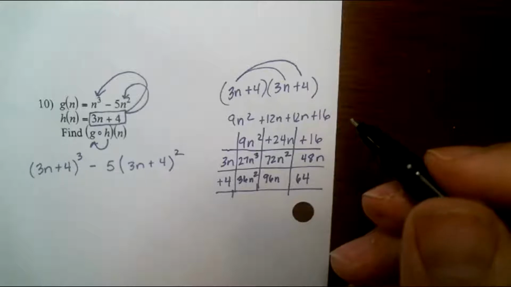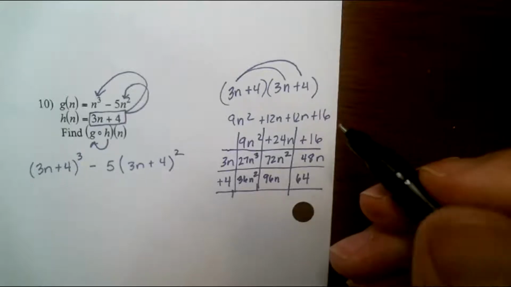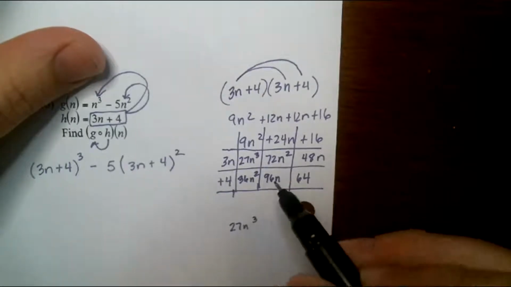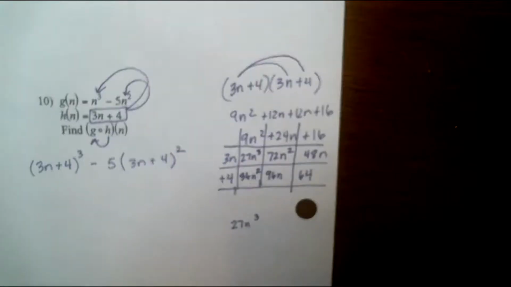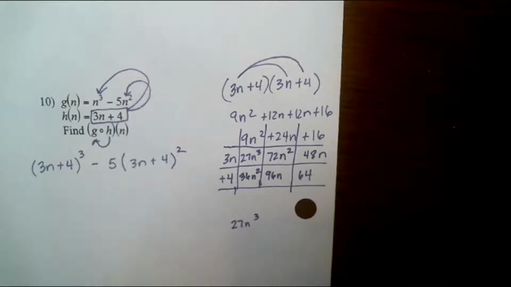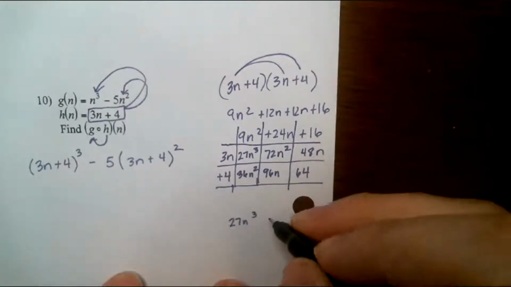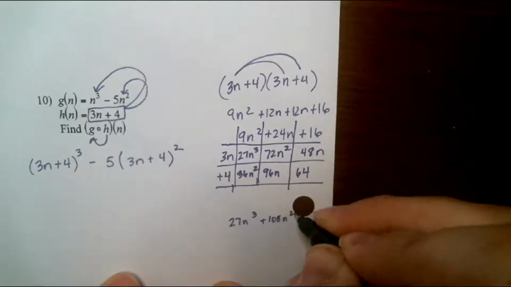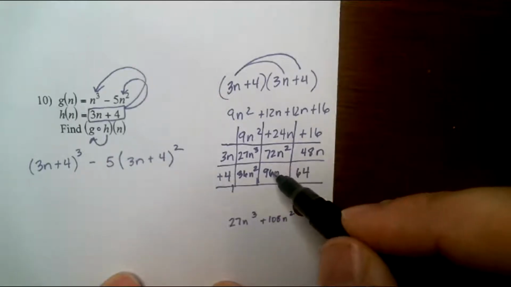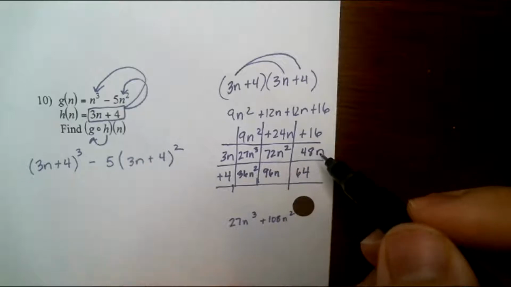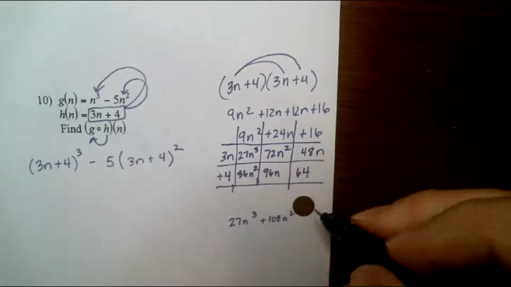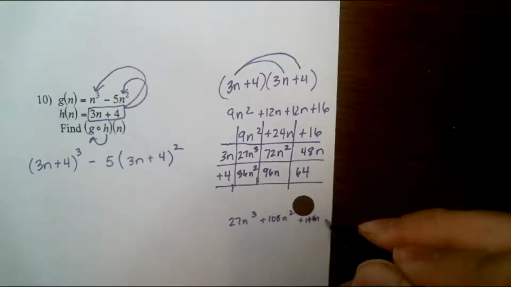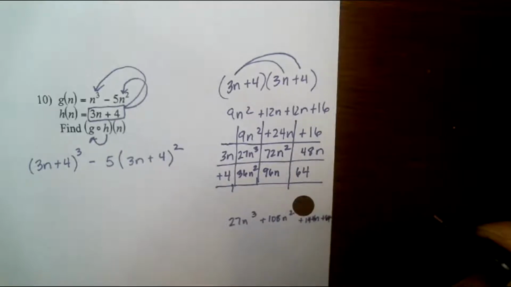Okay, so that will take us to 27n cubed. 36 plus 72 should be 108n squared. 96n and 48n should be plus 144n plus 64.